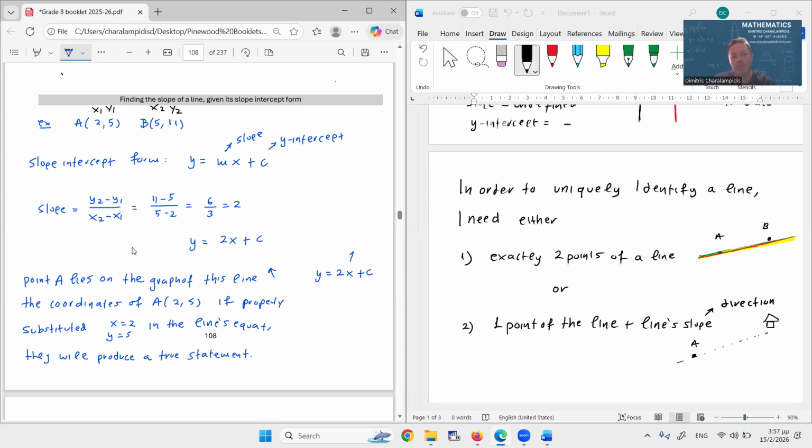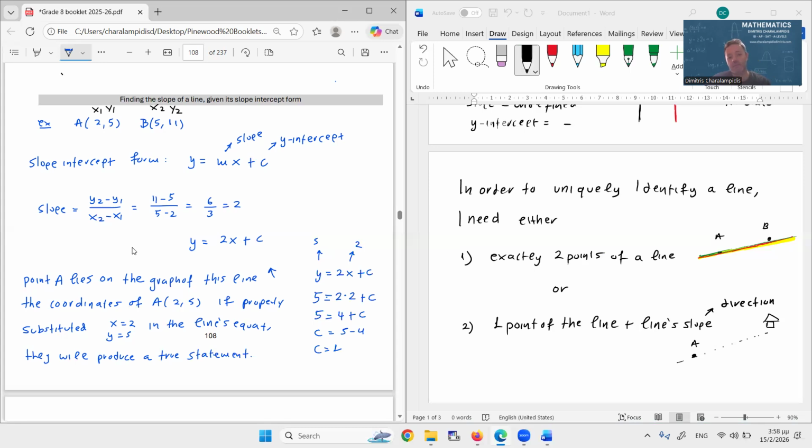So y equals 2x plus c. I'm going to put 2 instead of x, 5 instead of y. So 5 equals 2 times 2 plus c. 5 equals 4 plus c. So c is 5 minus 4. c is 1. I was able to find the value of c as well, and I'm done.